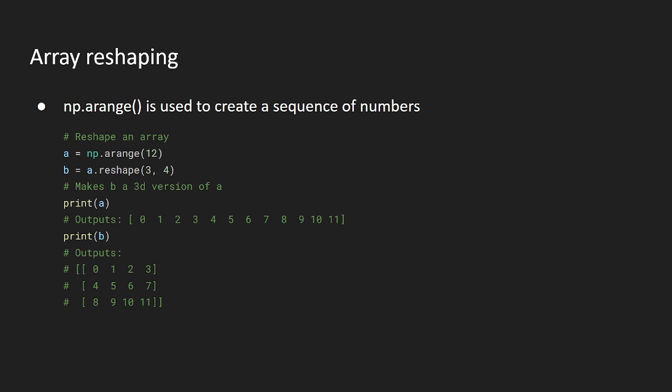And then we tell it to reshape A to a 3D version of A with 4 elements in each sub array. So that outputs 0, 1, 2, 3 as one list, and then 4, 5, 6, 7 as another. And then it keeps on doing that until it gets through every item in the array. So that's typically used for organizing data.